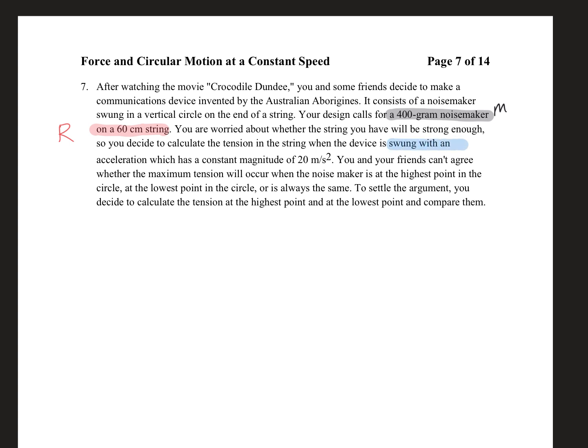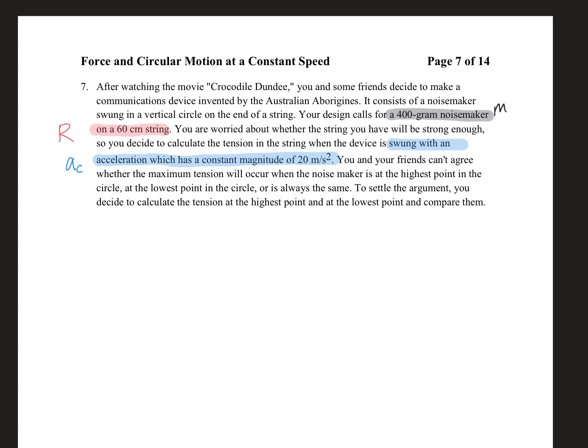Swung with an acceleration of constant magnitude of 20. Well, that means that this is my centripetal acceleration. So I think part of this is, as you go through the problem statement, realize you're going to have to read it more than once, or at least read it slowly, taking note quite literally of what is being given to you.